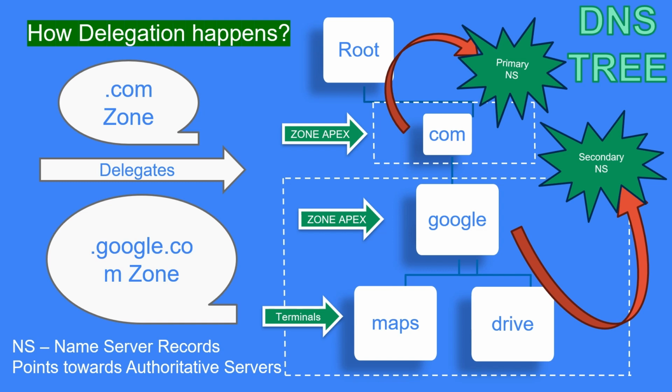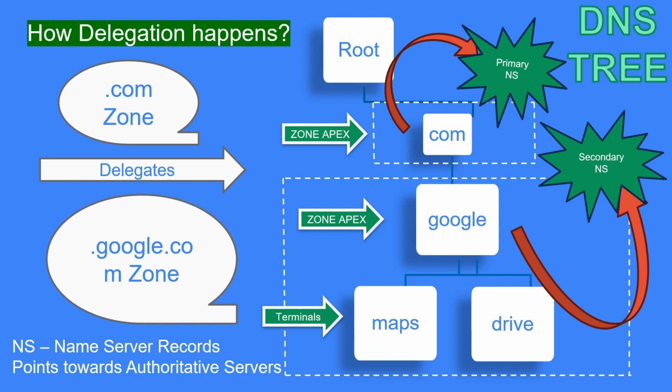Then further there is a second level domain, Google, which creates its own zone, named the .google.com zone. Now here we have two different zones, the .com zone and the .google.com zone. The .com zone is going to delegate things to the .google.com zone, and that is the beauty of the DNS system. Here we are delegating things.